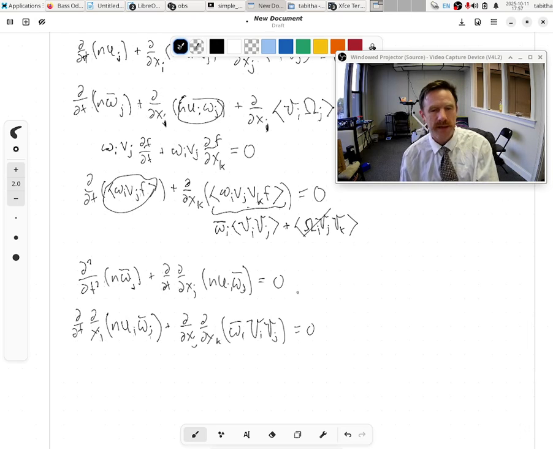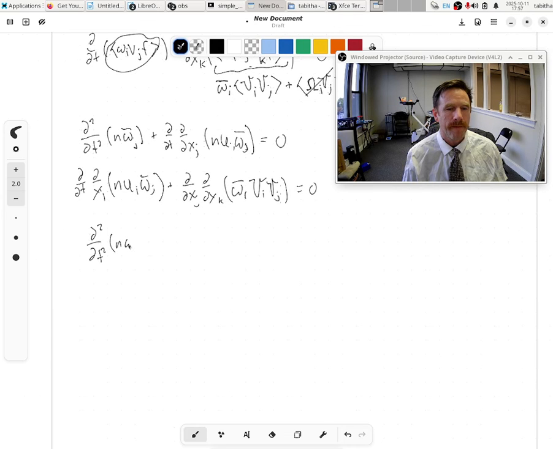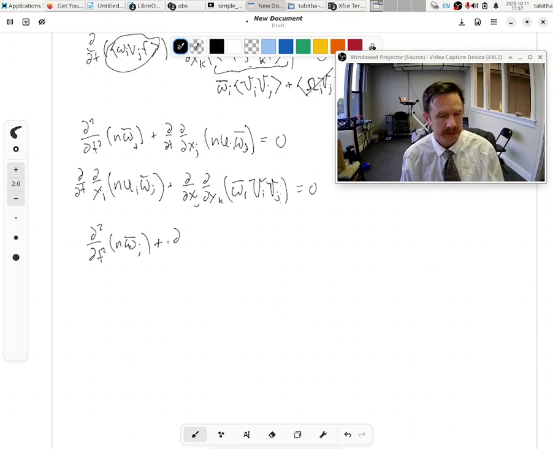So now if we subtract these two equations, noticing that we have the same term here, we see that we have the second time derivative of our bulk velocity. And now this is a minus, excuse me, d by dxj, d by dxk.